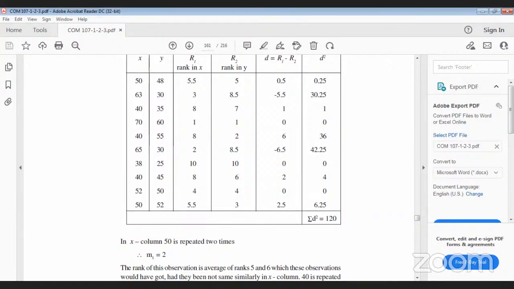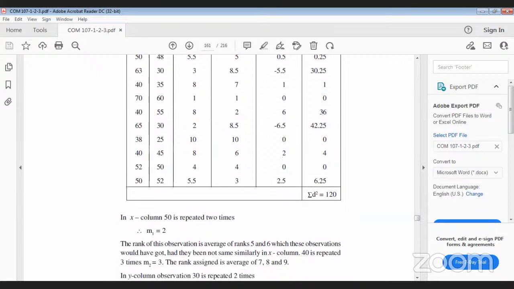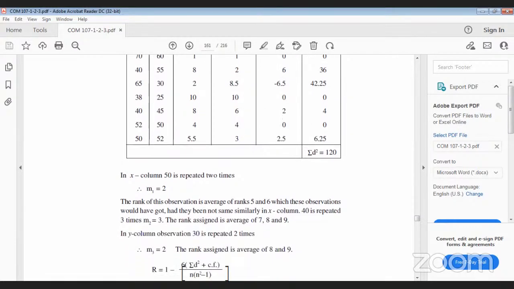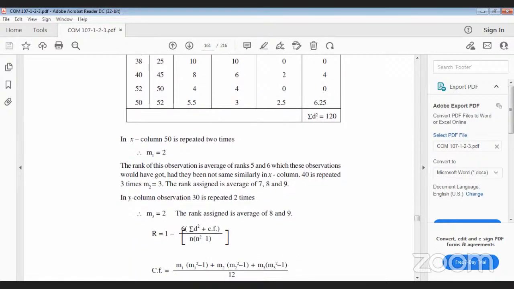Now in the X column, 50 is repeated 2 times here. M1 is 2. The rank for this observation is the average of ranks 5 and 6, because the observations are not the same. Similarly, in the X column 40 is repeated 3 times.